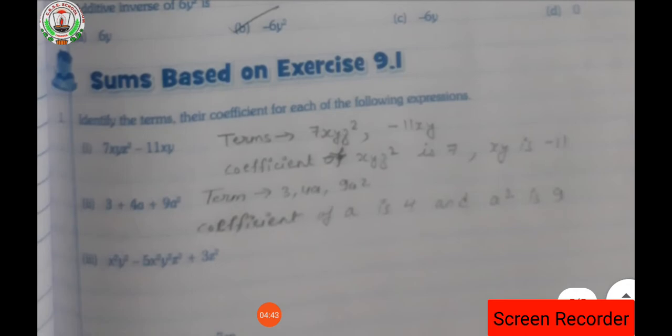Okay, as soon as our syllabus is completed, we are going to do the workbook questions one by one also. Clear? So here are some identities. Exercise 9.1: identify the terms and their coefficients for each of the following expressions. These questions I had already taught you in the NCERT book, isn't it?